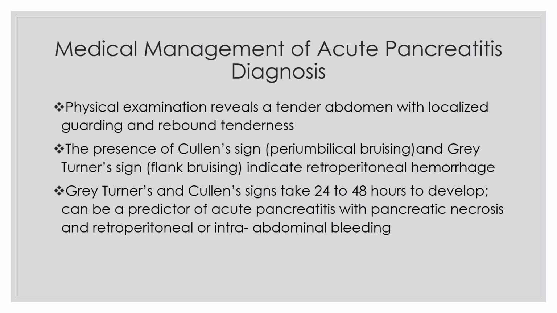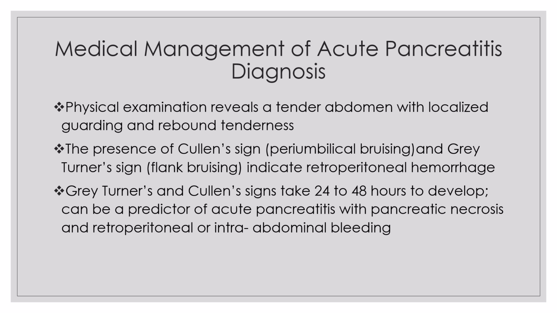So, how is this diagnosed? What will the doctor do? Physical examination will reveal a tender abdomen with localized guarding and rebound tenderness. We can also look for the presence of a Cullen sign. A Cullen sign is bruising.